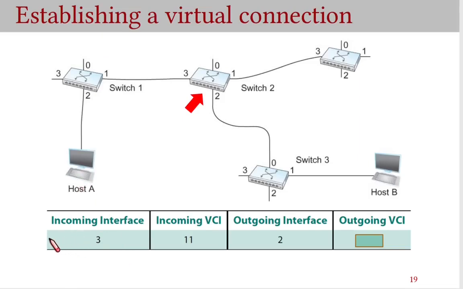So this virtual circuit table entry would have 2 as incoming interface, because host A connects to switch 1 via interface 2, and switch 1 would allocate a virtual circuit identifier that is unique on this incoming interface.